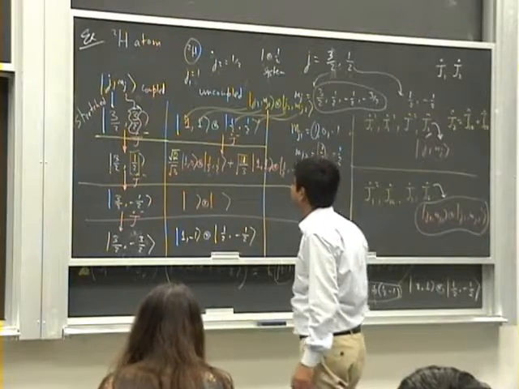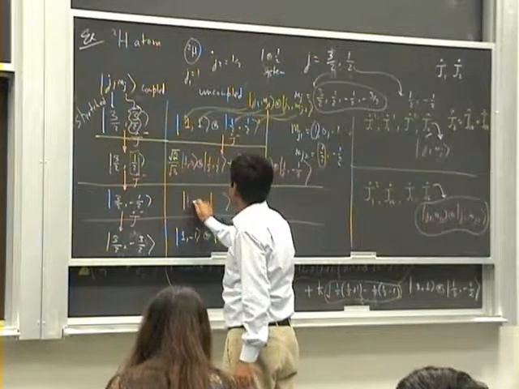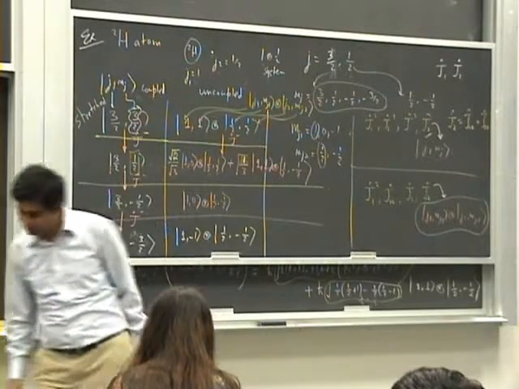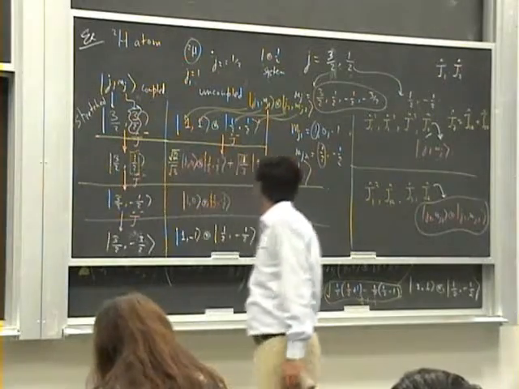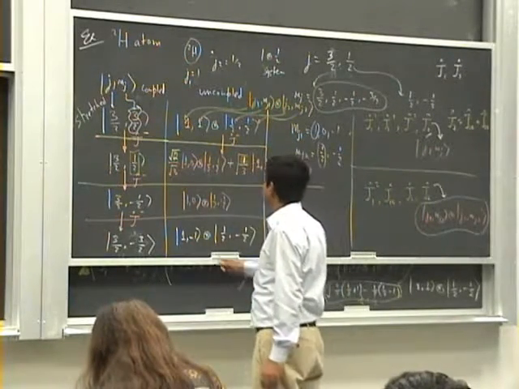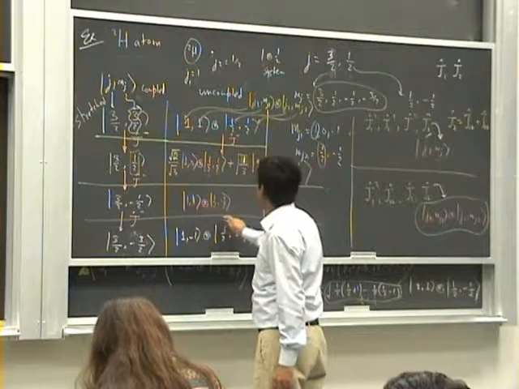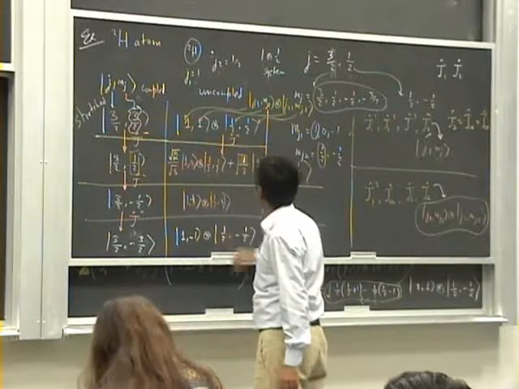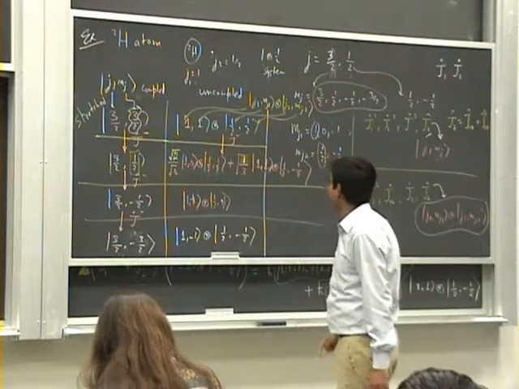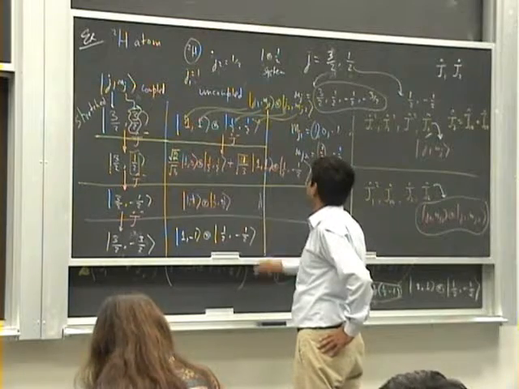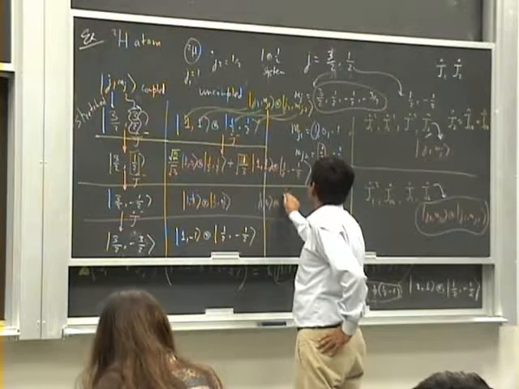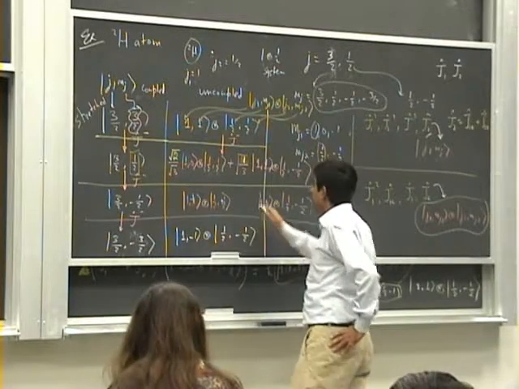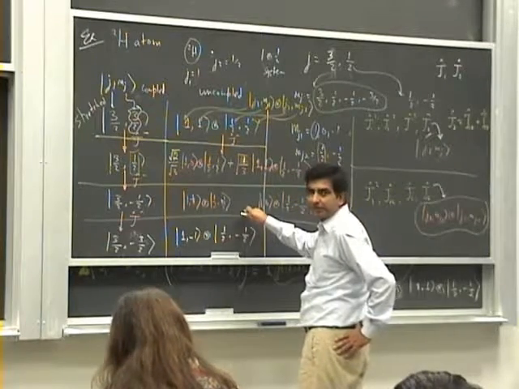So one possibility is that I have |1 0> |half, minus half>, or I can have |1 1> |half, minus half>, or I can have |1 0> crossed with |half, minus half>, and I have to find out these Clebsch-Gordon coefficients.